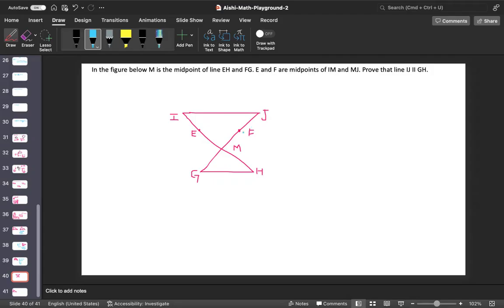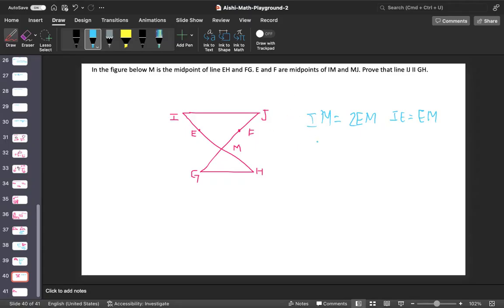Okay, since we don't have any side ratios to start off with, we can make some because it does give us some midpoints. So we know that IM is equal to 2EM, and IE is equal to EM.